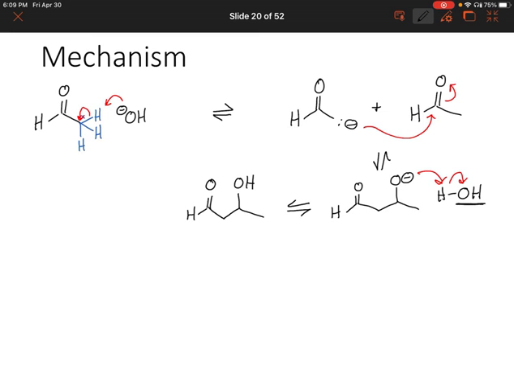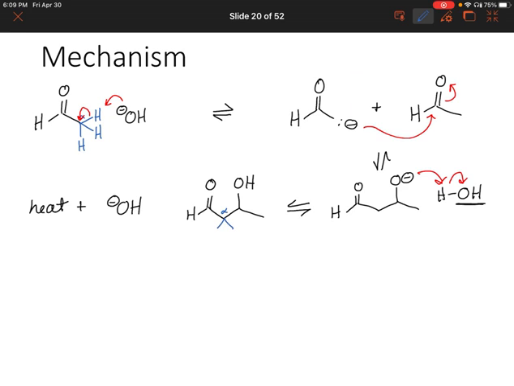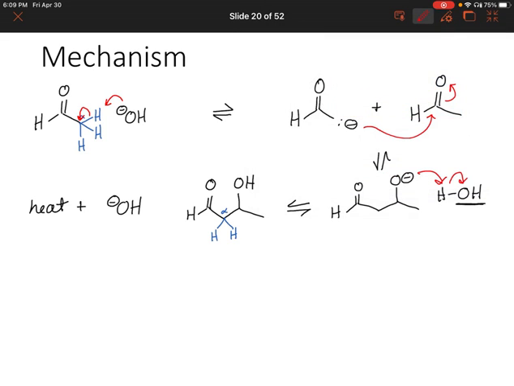We do have hydroxide left over from water in the previous step, and we're going to add heat. So the hydroxide ion is now going to take a proton from our alpha carbon on the beta hydroxyaldehyde. And this is going to leave behind a double bond, and then our OH group is going to leave.